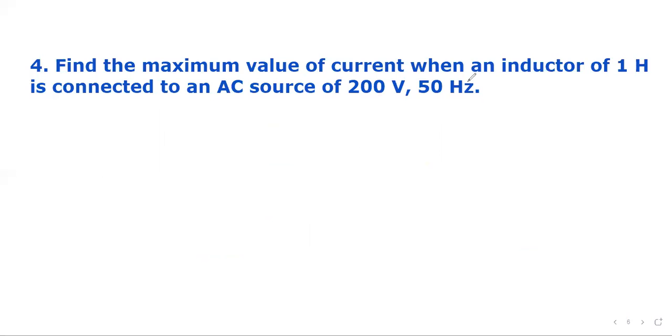Find the maximum value of current when an inductor of 1 Henry is connected to an AC source of 200 volt 50 hertz supply. So we are given VRMS equal to 200 volt.